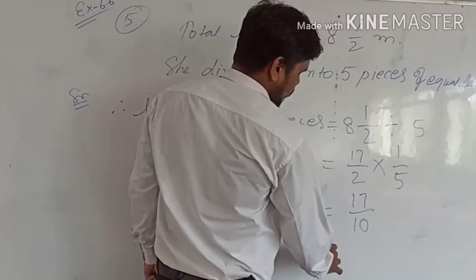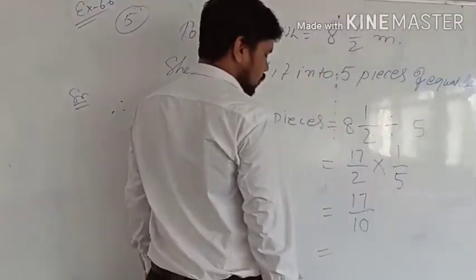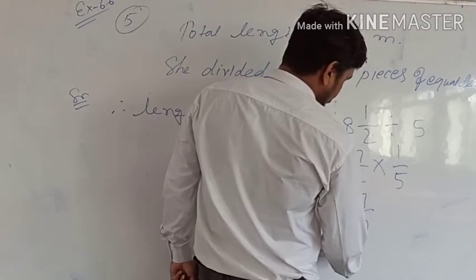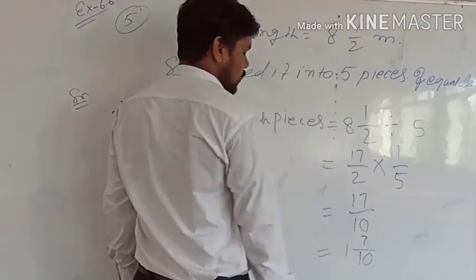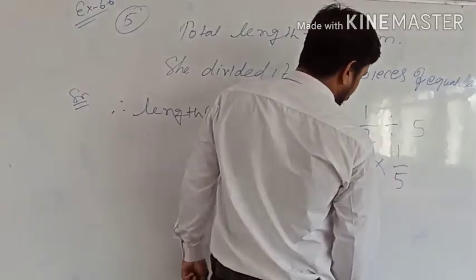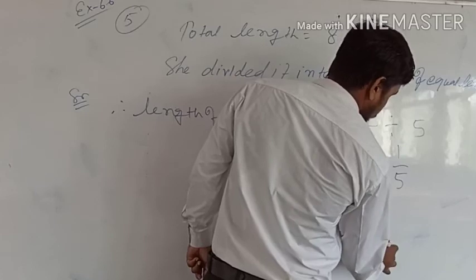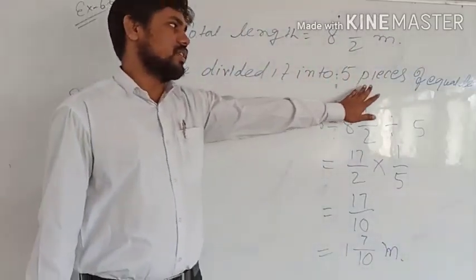So 17 by 10, and you can convert this into a mixed fraction: 1 whole 7 by 10. So 1 whole 7 by 10 meter will be the length of each piece.